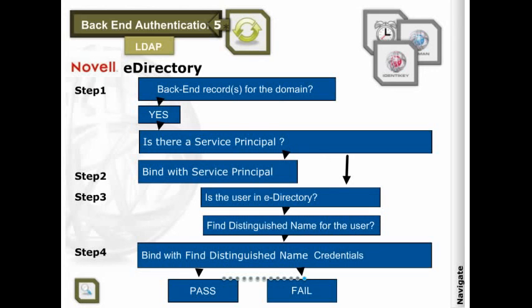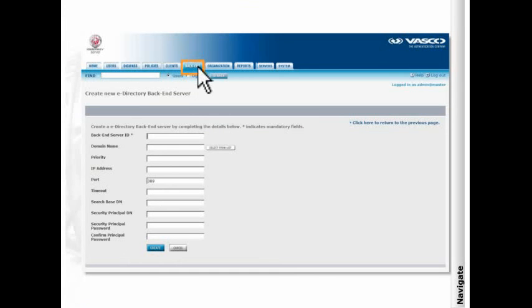Step 3. Search eDirectory for the FQDN of the user that has to be authenticated, starting from the base search DN. Step 4. Try to authenticate with eDirectory using a bind with the FQDN and password of the user to be authenticated. Fill in the proper values to create the new backend.